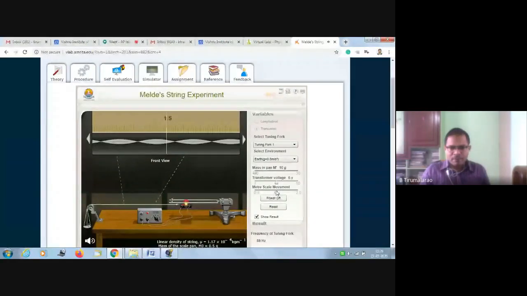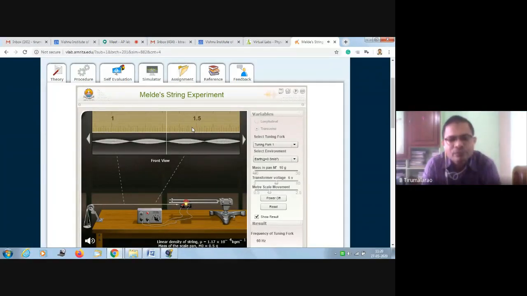This means, how many divisions are between 1 and 1.5? So many divisions: 1, 2, 3, 4, 5. 50 divisions are there. Each division is 0.5 divided by 50.